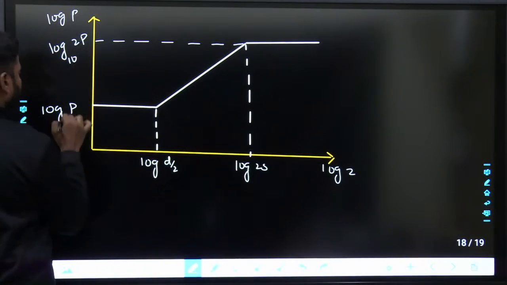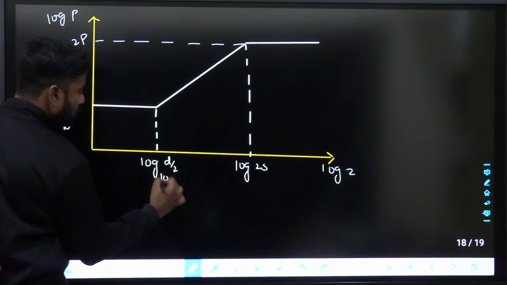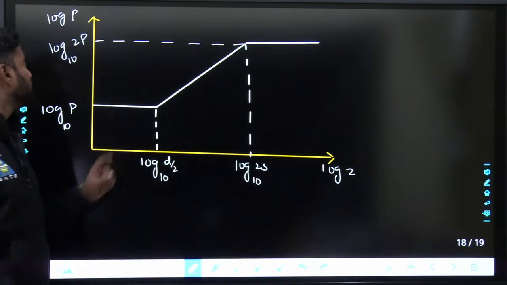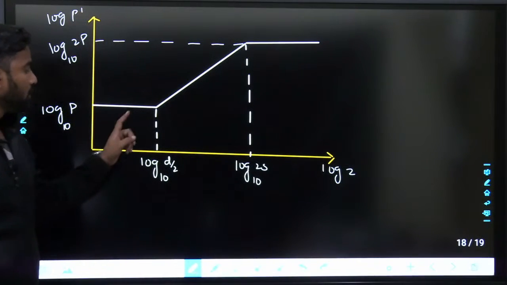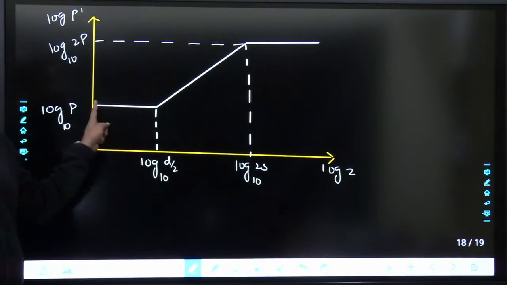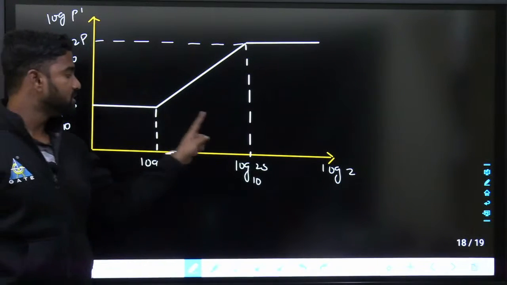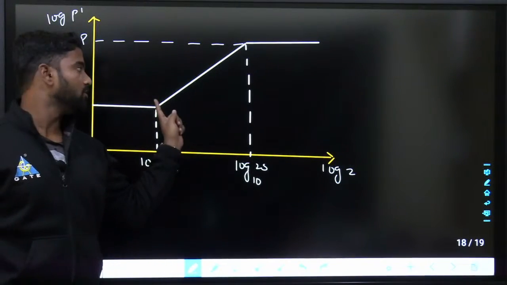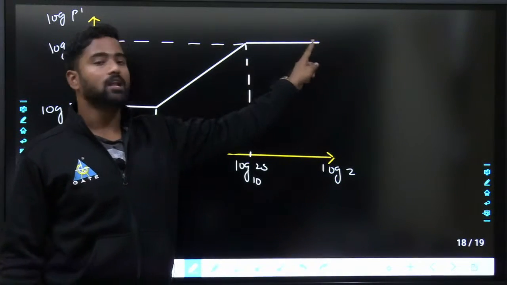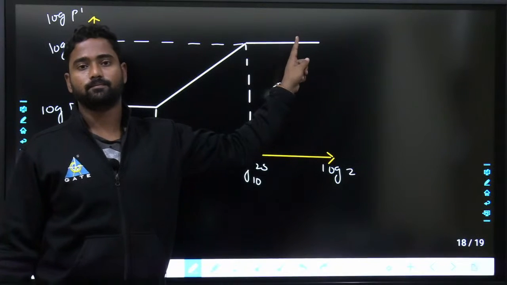Everything is base 10 only. This is not ln, this is logarithmic variation. If I take this as P dash, if Z is less than D by 2, the value is P only. If Z is in the range of D by 2 to 2S, the value would be from P to 2P. If Z is more than 2S, the value would be 2P only.